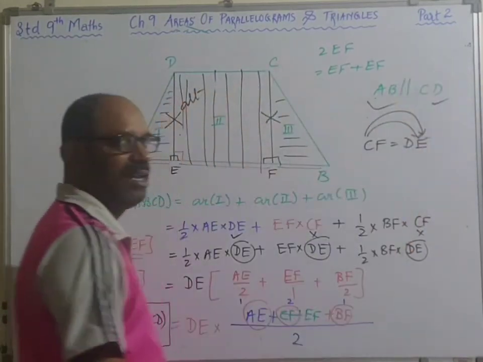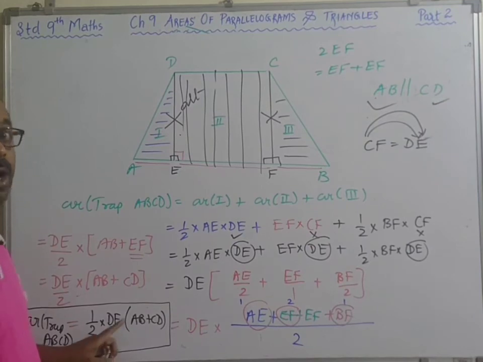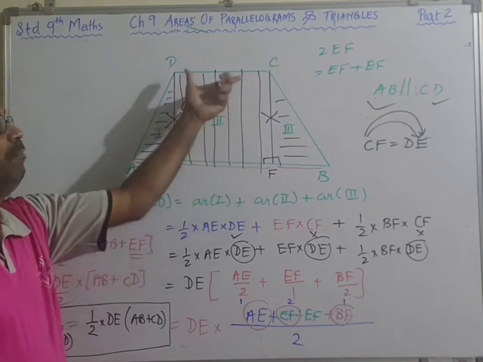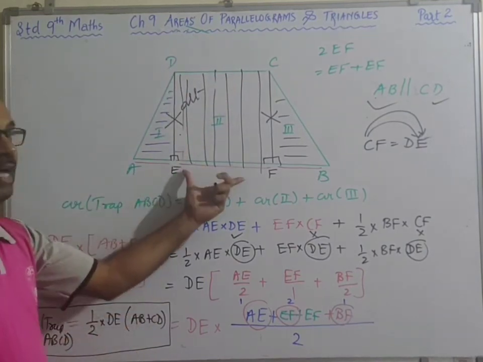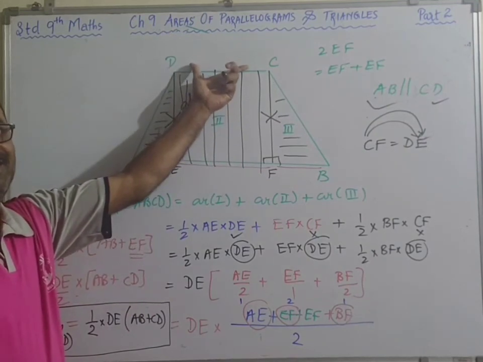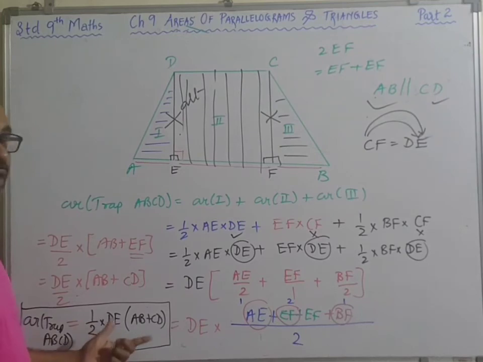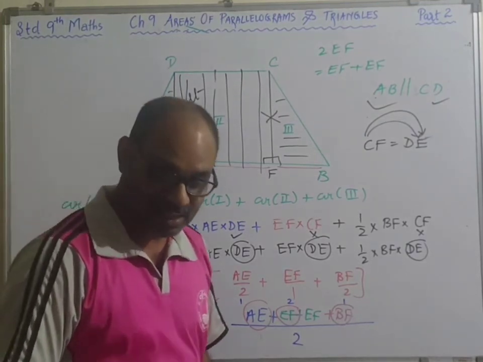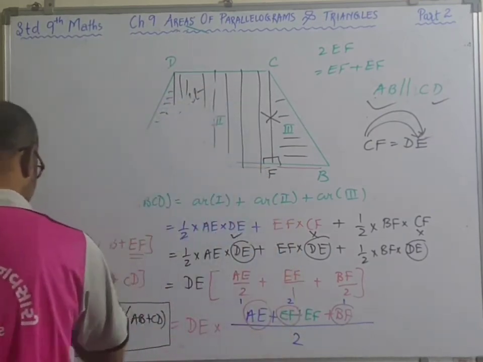So half into altitude, which is actually perpendicular distance between the two parallel sides, into the total length of parallel sides AB plus CD, that is sum of side AB and side CD. So what is the area of trapezium then? Half into altitude into the sum of length of parallel sides. Is that clear children? Good.